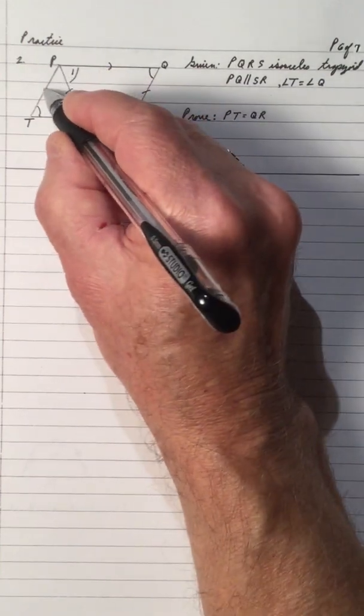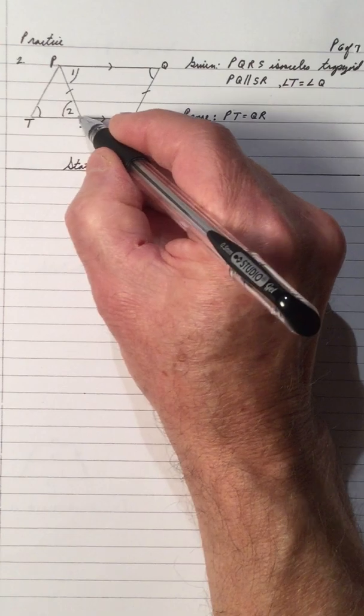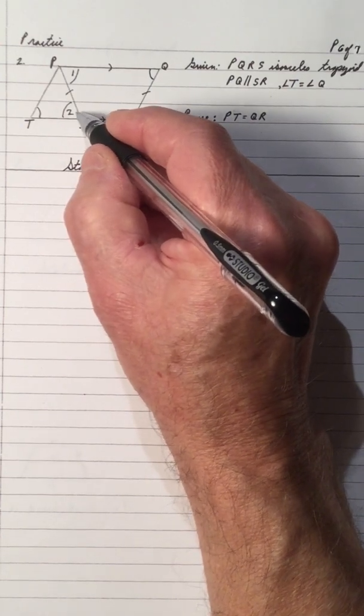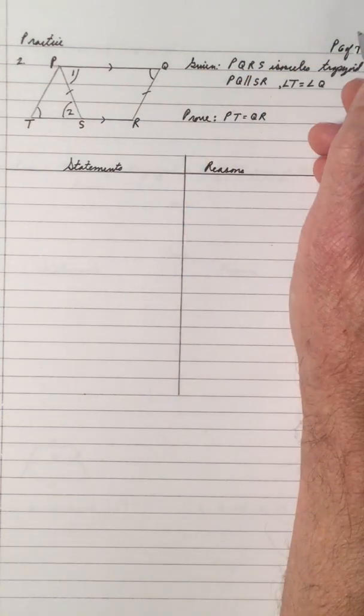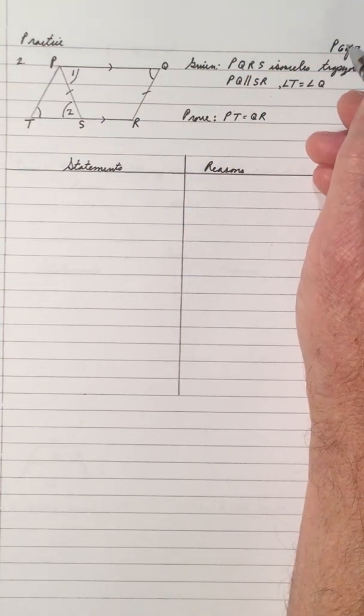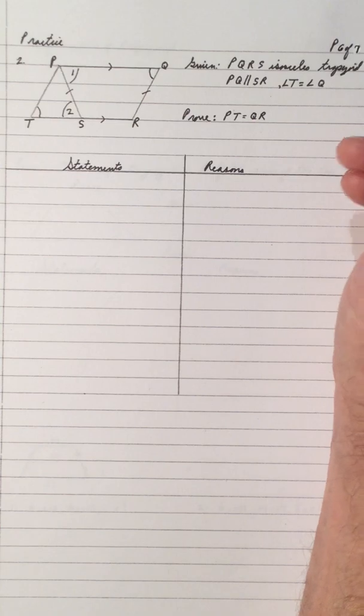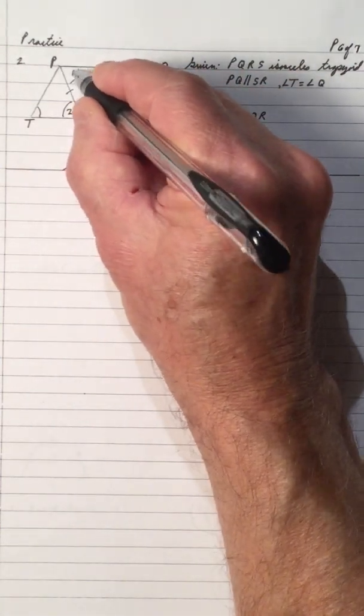And hence we'll have PT equals PS, converse of ITT. And by transitive property, then we can say PT equals QR. So in this proof, there are no congruent triangles, so you have to look around getting angles equal.